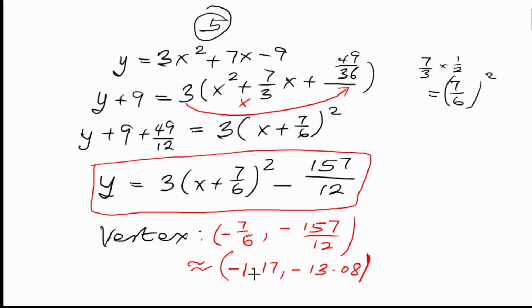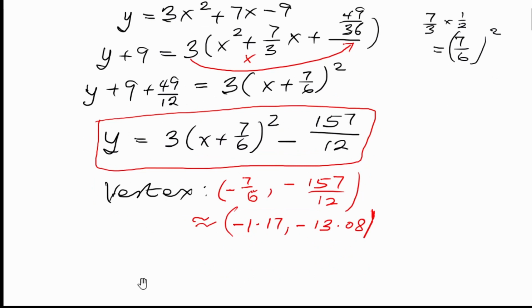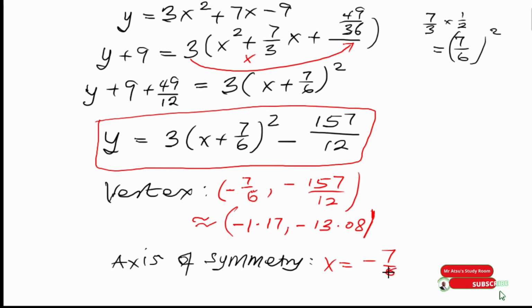This is it. And the equation of the axis of symmetry is x equals negative 7/6, and this is the vertical stretch 3. It's always the same as the a.